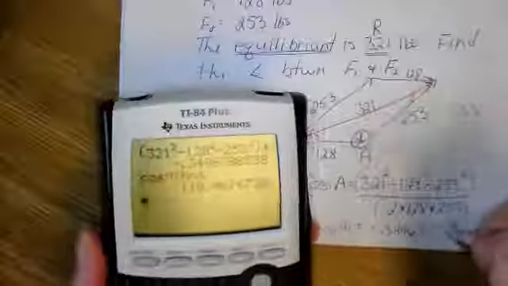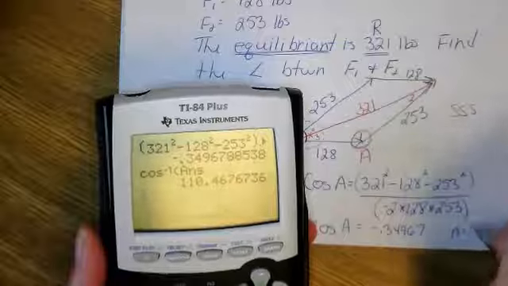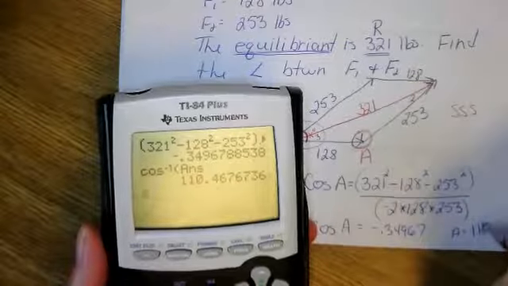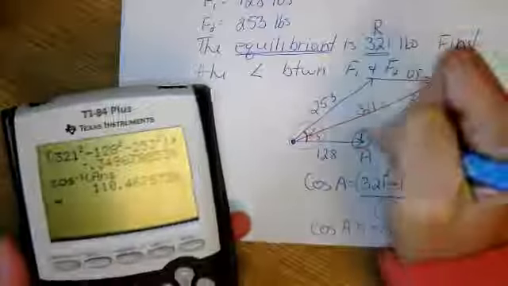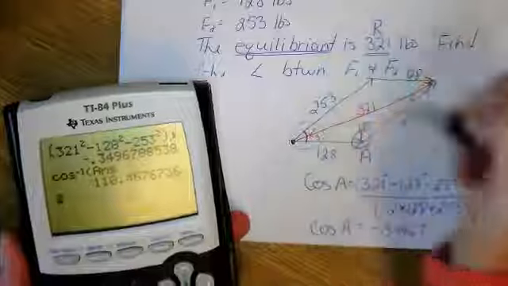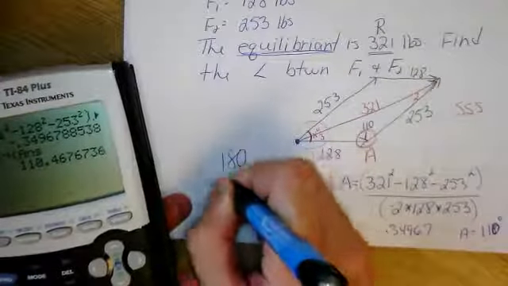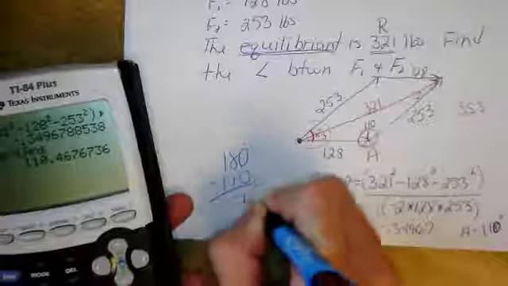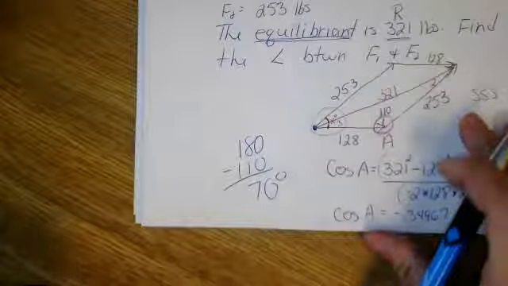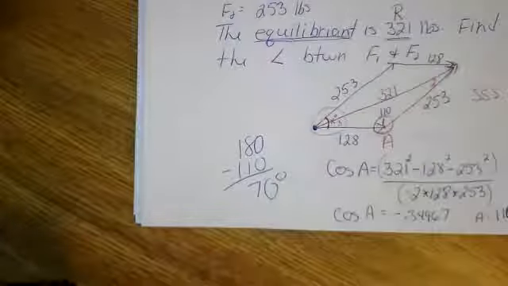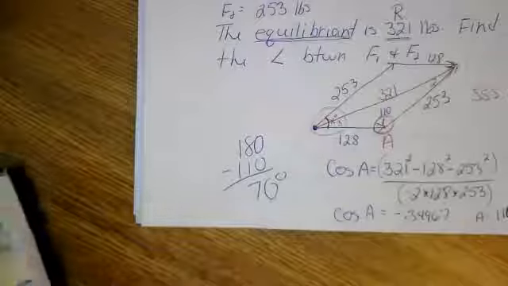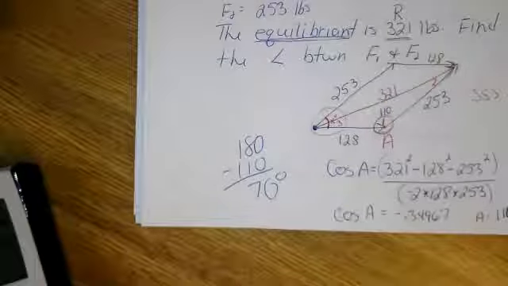I get 110 degrees. So if this is 110, the angle between the forces will be 180 minus the 110 for about a 70-degree angle. And there it is. Okay, that ends those. I finished just under the wire. Perfect. Stop.